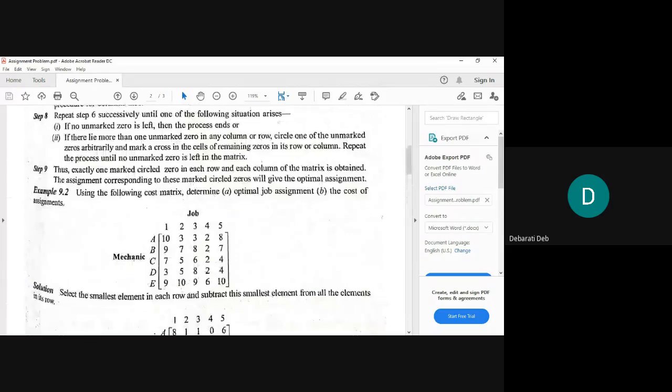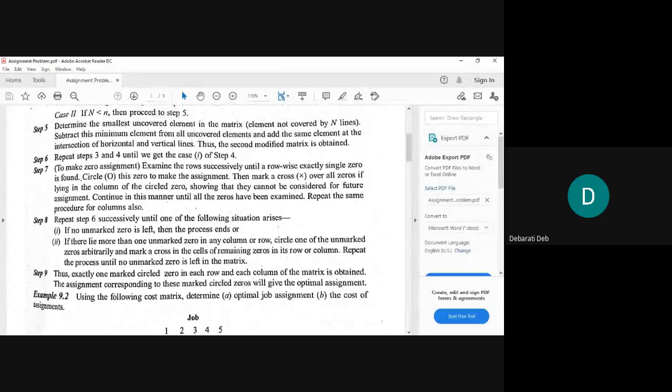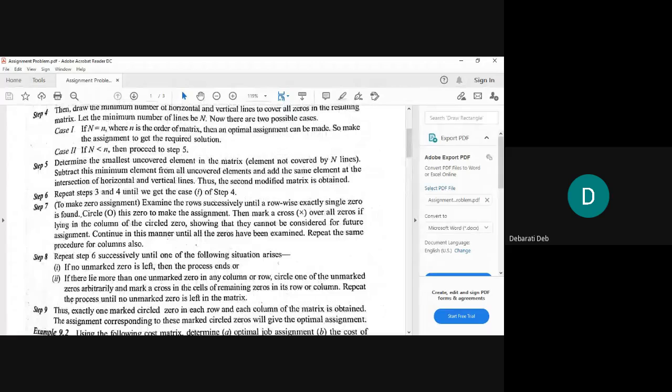If it is the second case, then we have to move on to step 5. What is step 5? Step 5 is to determine the smallest uncovered element in the matrix. Uncovered element means the element that has not been covered by the lines. There will be some elements still left in the matrix which were not covered by the vertical and horizontal lines.